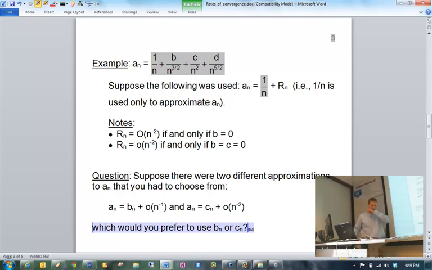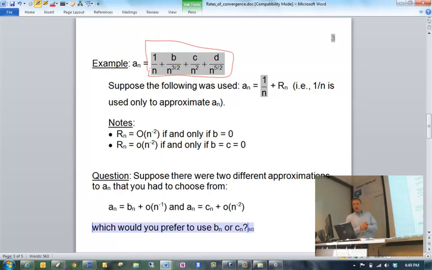So, for example, let's let a sub n be equal to now this, I'm not going to read this all out, this function of n. Then we could say a sub n is equal to 1 over n plus some kind of remainder term.